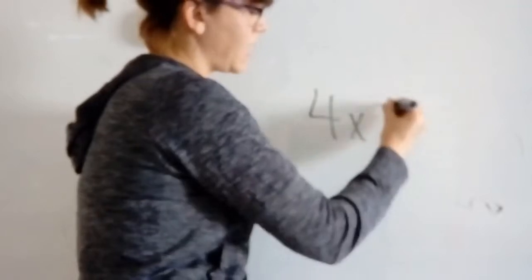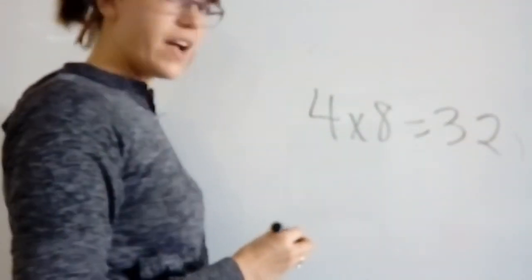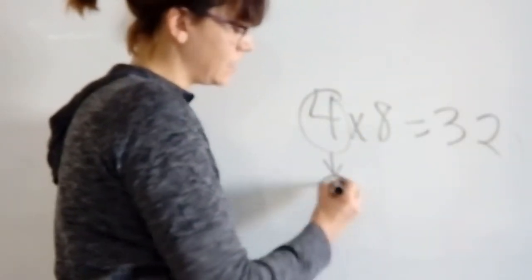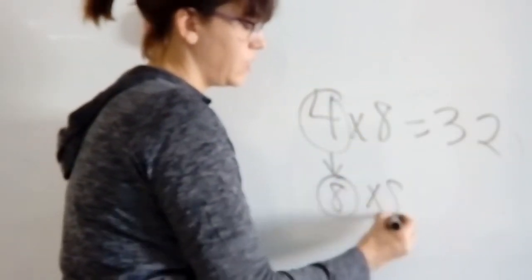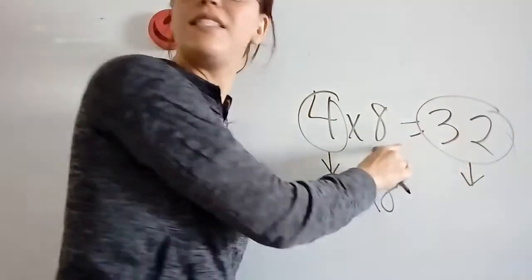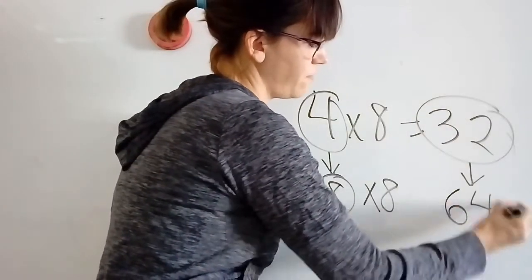Four times 8 equals 32. So to find out what 8 times 8 is, 4 times 2 is 8. So whatever the answer is will be double of 32. 32 times 2 is 64.